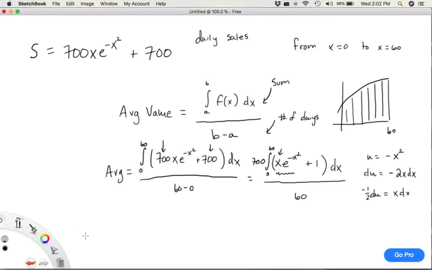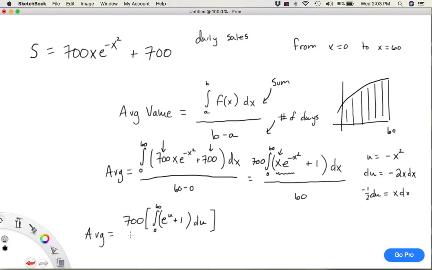And then we can substitute that in. Okay, so the average value is going to become 700 on the outside times the integral of e to the u du plus 1 du.